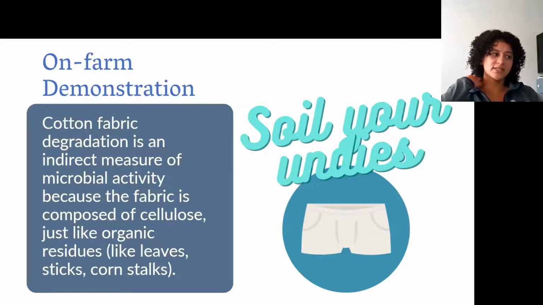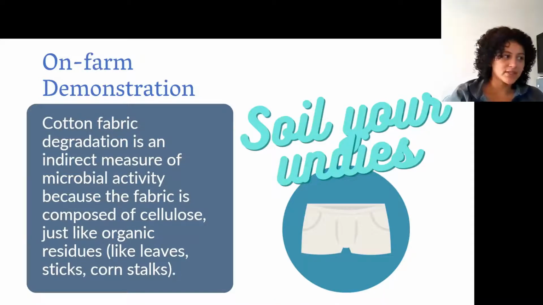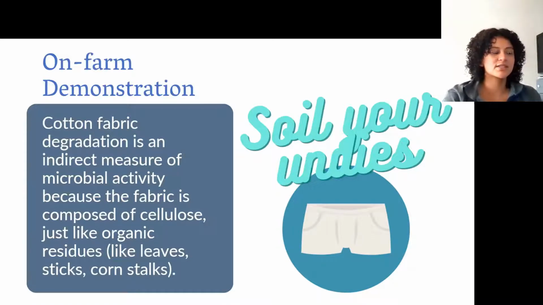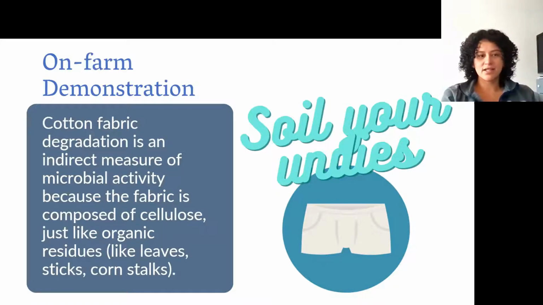And we wanted to test this out with organic matter, organic aggregation in the soil. And the reason why this is a good tool to use is because cotton fabric is made out of the same components as some of the organic residues like leaves and sticks and corn stalks and everything. It's degraded in kind of the same way and with the same microorganisms that cotton fabric is.